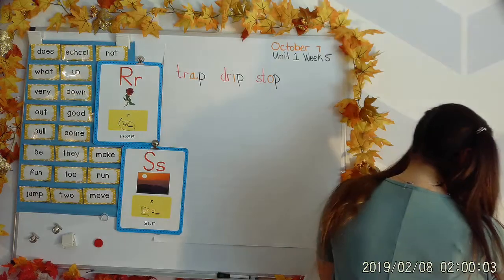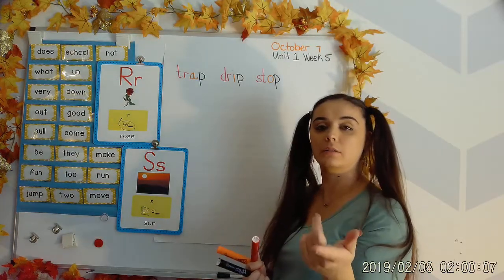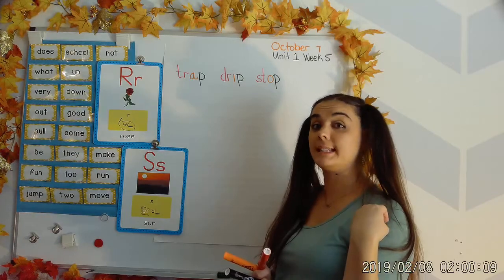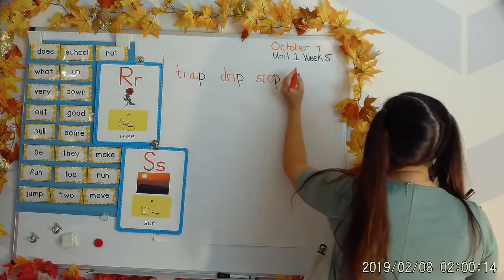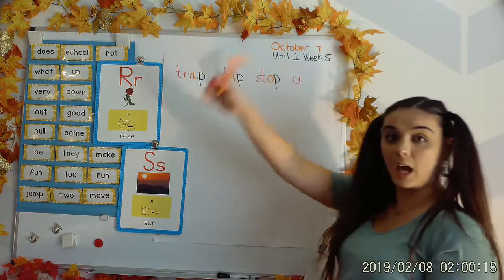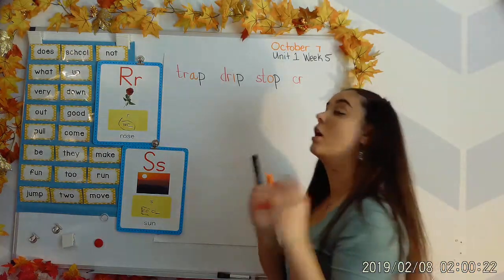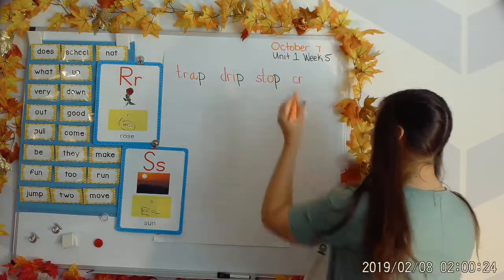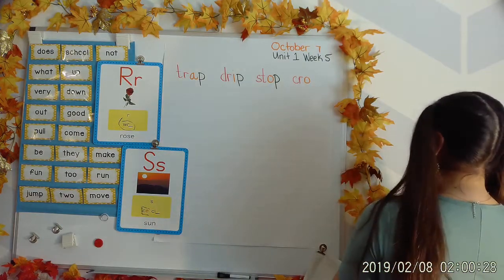Excellent. Next word, cross. Your turn. Cross. So I hear cur. So I think that's a C and then an R. Because C says ka and R says ra, we can put them together to make cur. And then here is our elbow sound, like the octopus card.